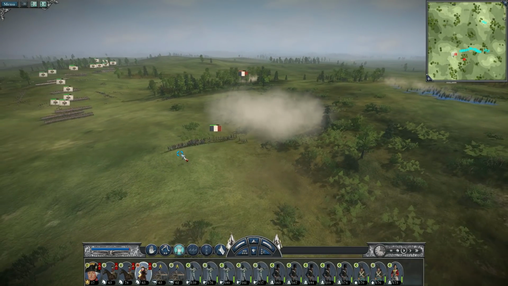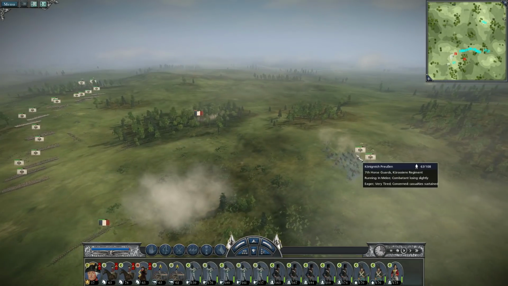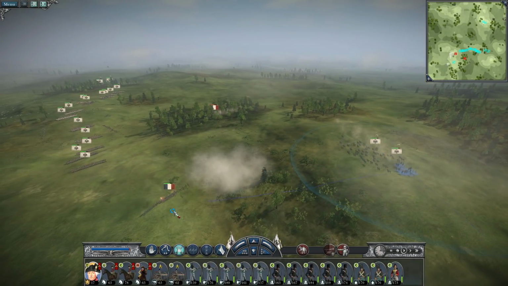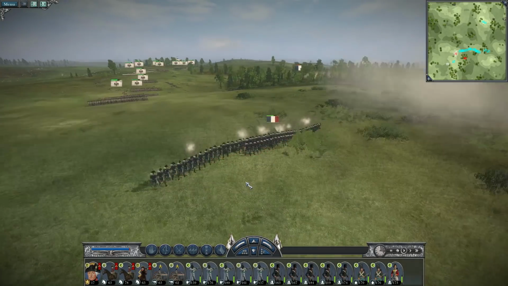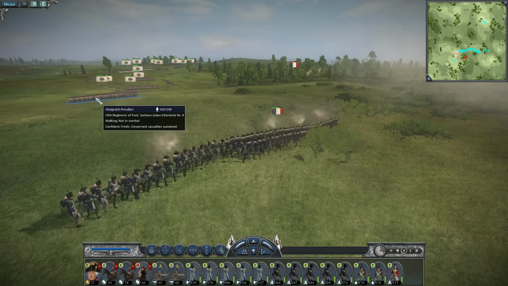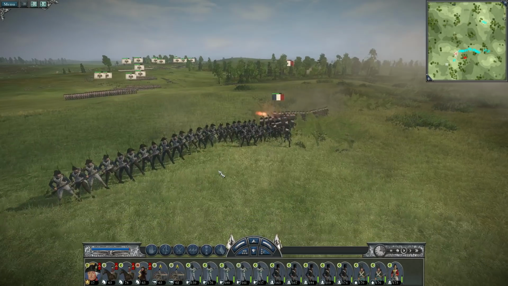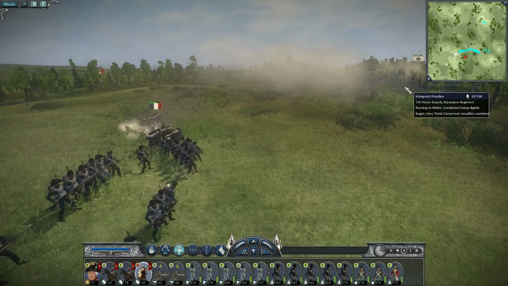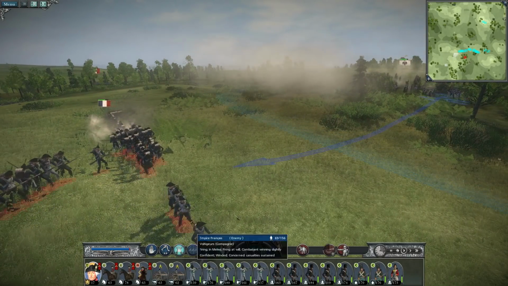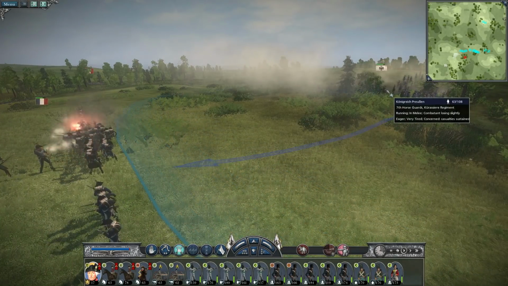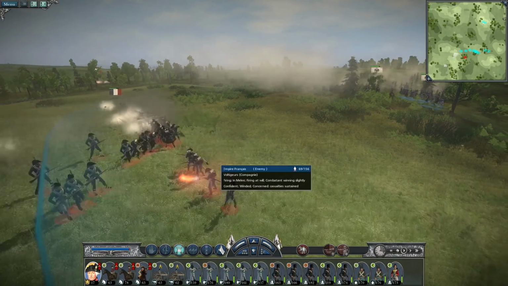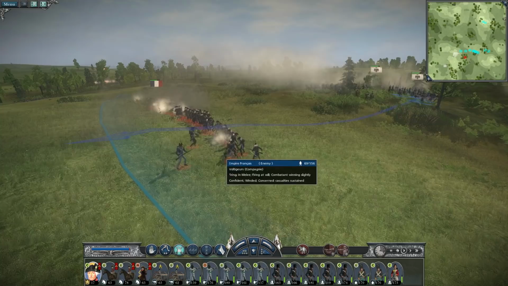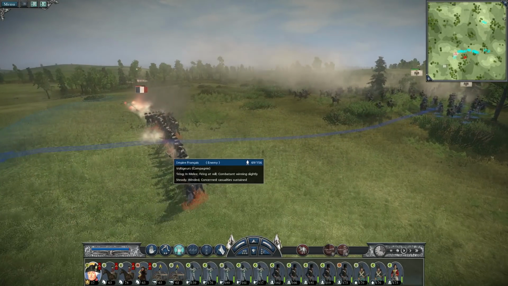I think we do have a chance here. Now they're not even facing their way, when they're opening fire on the line infantry. They're turning though. We do have you now.